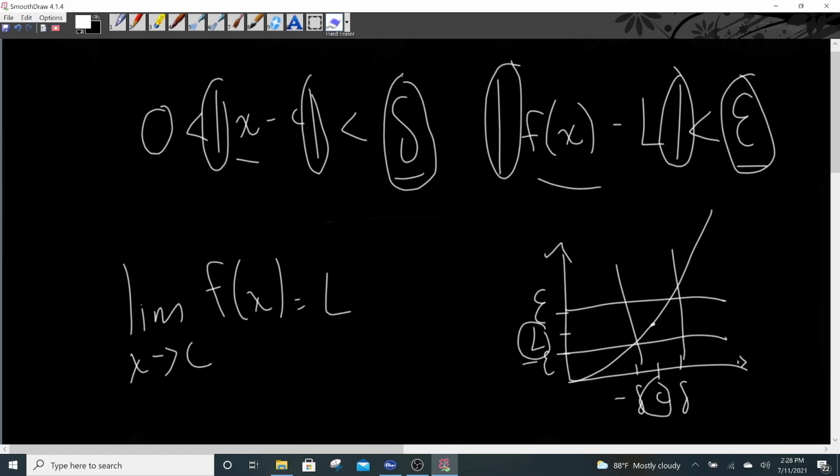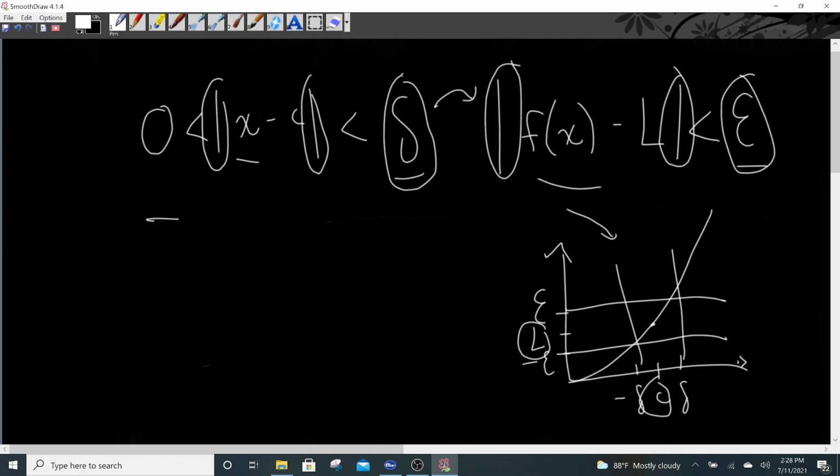So with that, let's think about what's happening here. We know that delta and epsilon are arbitrary values. But we have to find some way to explain what is happening here, where this relationship implies that relationship.